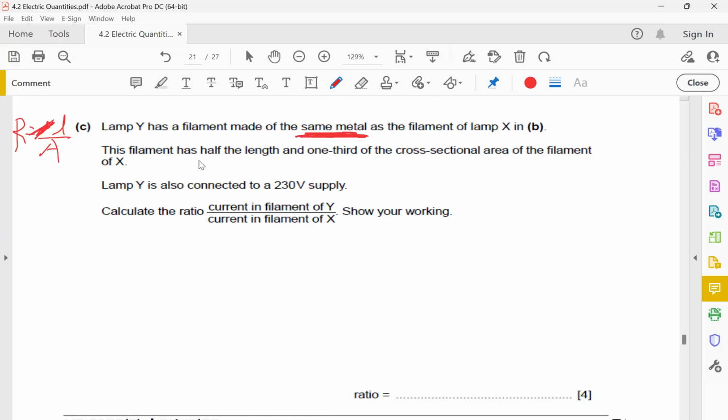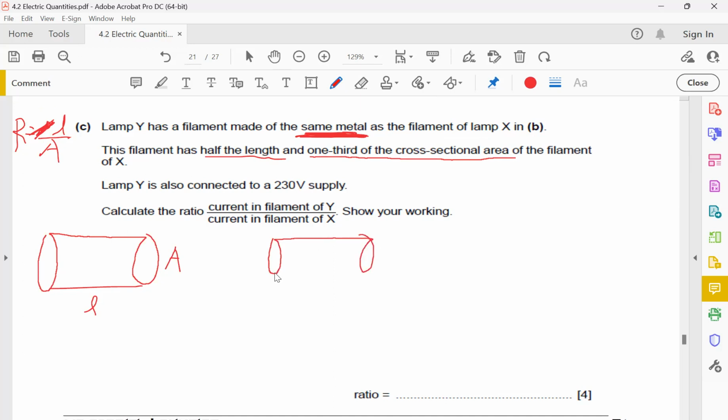It's filament in lamp X. This filament has half the length and 1/3 the cross-sectional area of the filament in X. Okay, so imagine let's say this is the first wire, right? It had length L and cross-sectional area A. Right now, this second filament, they say it's half the length and 1/3 the cross-sectional area, guys.